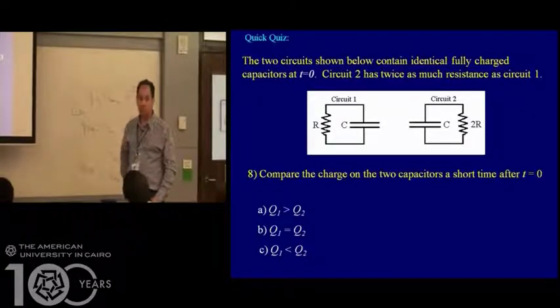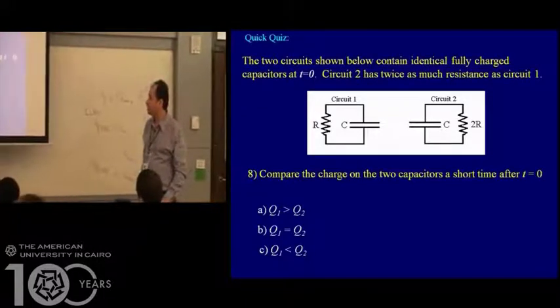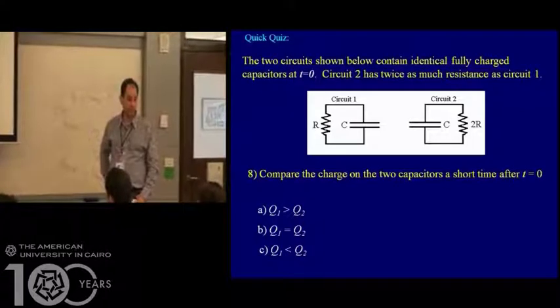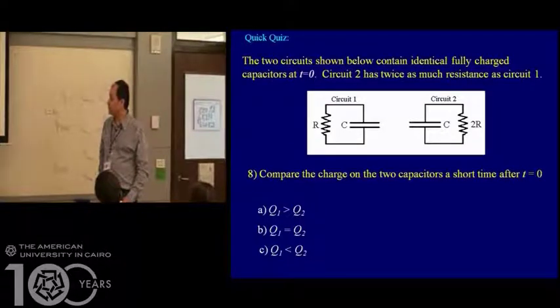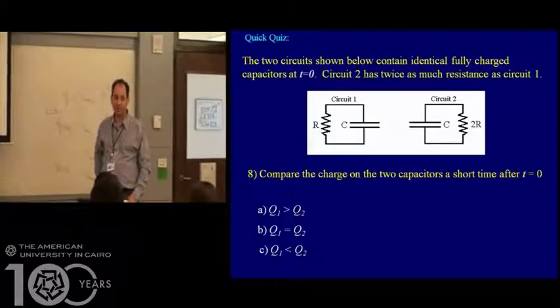Sharif said A is the answer. Then Amr is saying no, Q2 will have more. I'm not discussing the reason now. I'm just getting which one is the right answer, then we'll go back and find out the reasons. So Sharif is saying A is the answer.